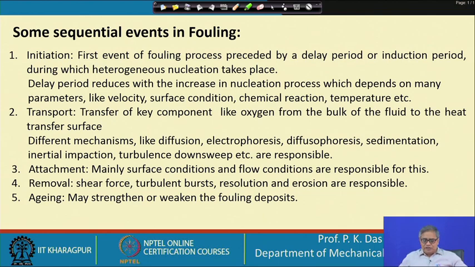So, this motion is diffusophoresis. Sedimentation, it need not be explained. Then inertial impaction: suppose small particles are there, then through inertial impaction the particle gets deposited on the solid surface. Then turbulence downsweep: due to turbulence some particles go in the downflow direction.